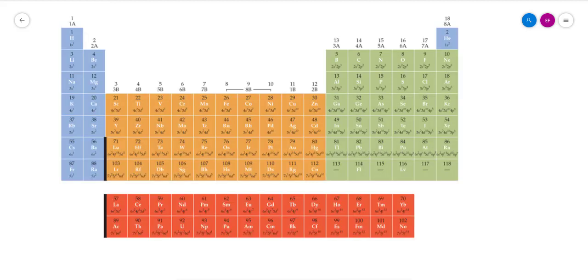So a handy way to think about how to fill, rather than sort of memorizing 1s1, 2s1, etc., is we can use the periodic table, because the periodic table is really telling us the electronic structure. And so here I've got a table that's highlighted based on the specific electron configurations, but let's just go through it. So if we're starting with hydrogen, hydrogen's got 1 electron.